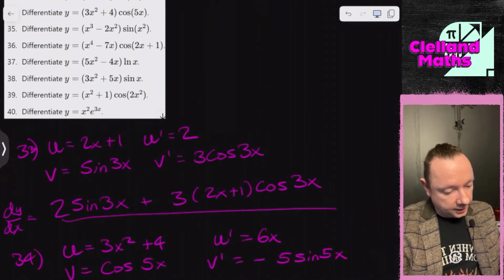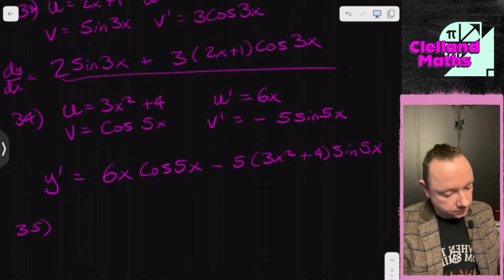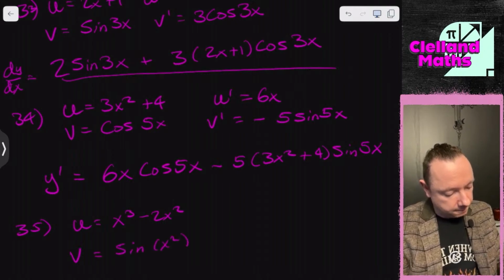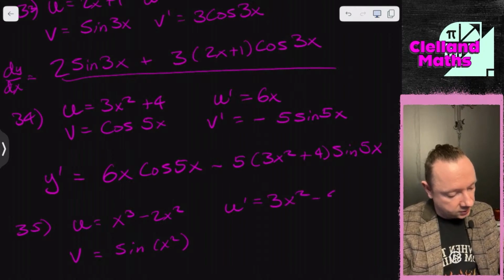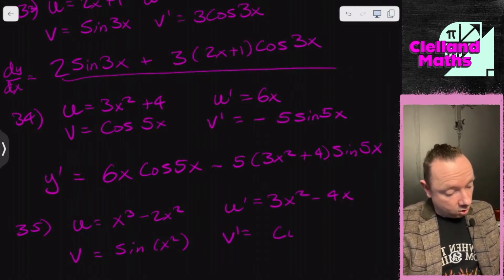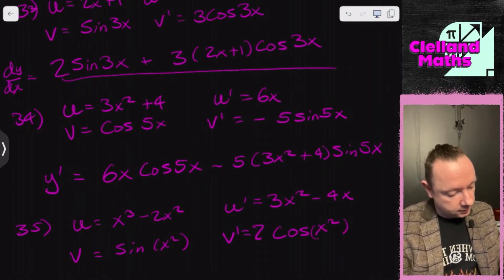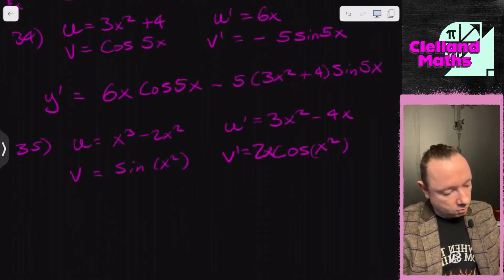35. Oh gosh, right, x cubed minus 2x squared times sine x squared. Sine x squared, right? I think that's right. So u dash is 3x squared minus 4x, v dash is cos x squared times 2x. Chain rule.